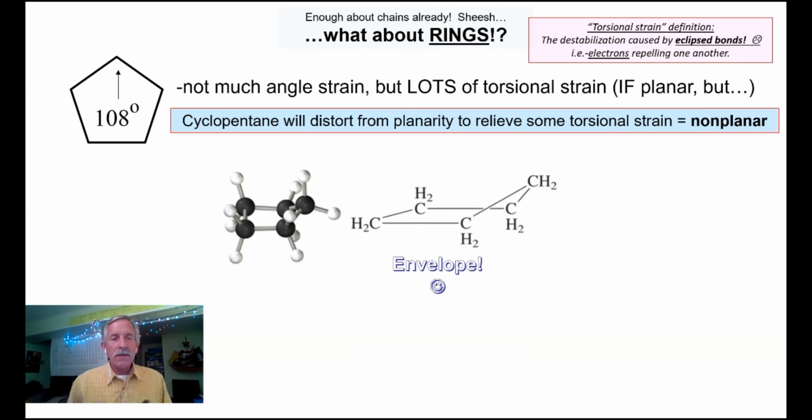What 5-membered rings do in nature to alleviate some of this torsional strain is they take one end of their molecule and just bring it up. They pull that end up into what now looks like the envelope shape. Remember envelopes? Snail mail, all that kind of stuff.